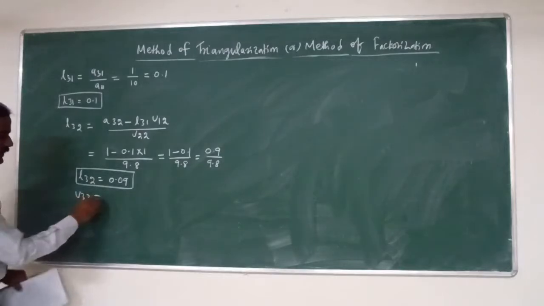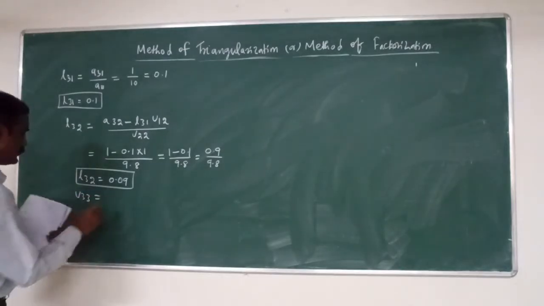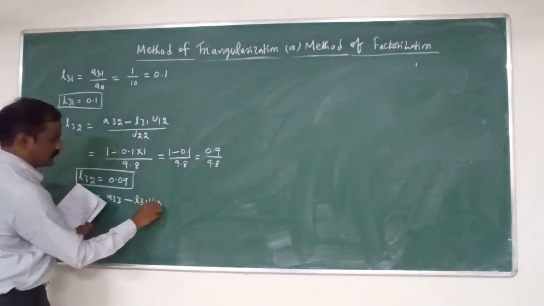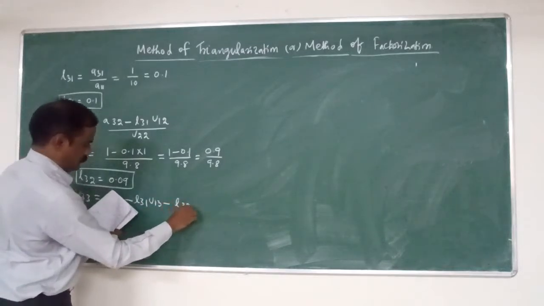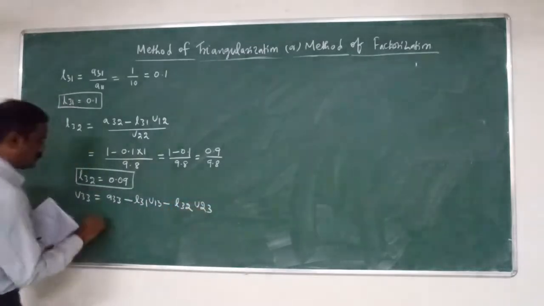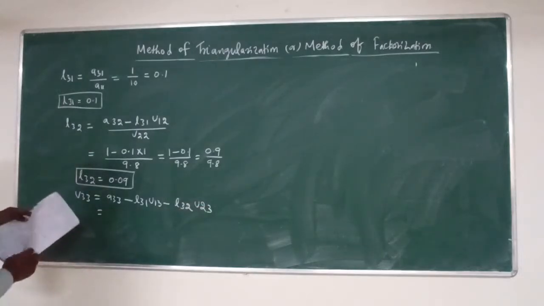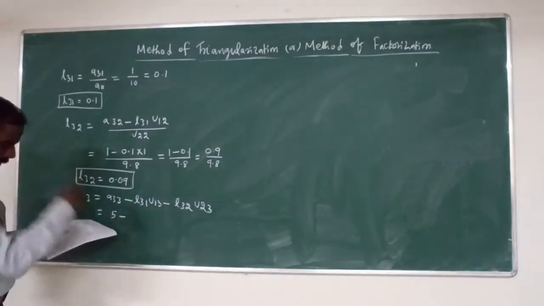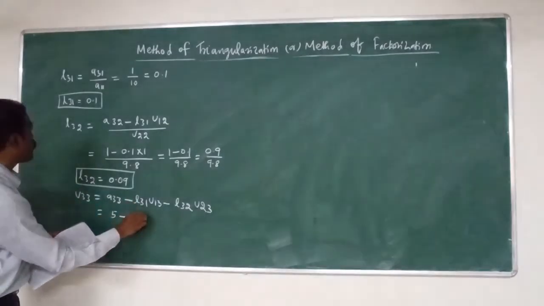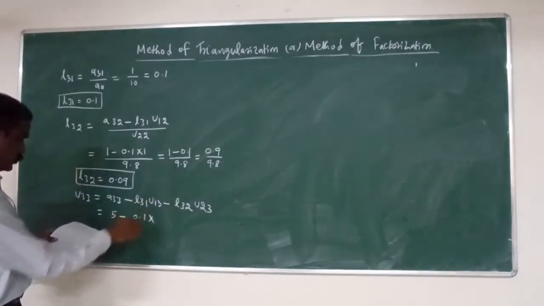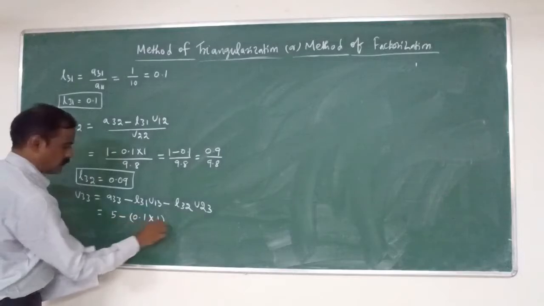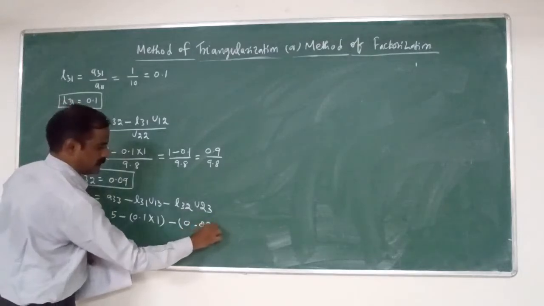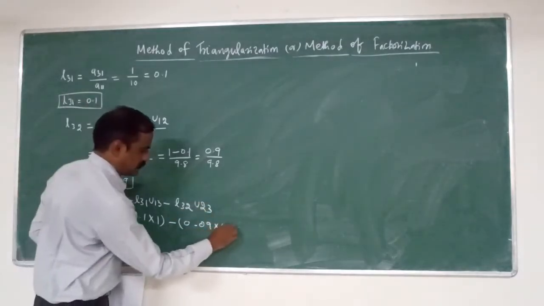Next, to find out the U33 value. Now the formula is A33 minus L31 U13 minus L32 U23. Now substituting the values, A33 value 5 minus L31 value 0.1 into U13 value 1 minus L32 value 0.09 into U23 value 0.8.